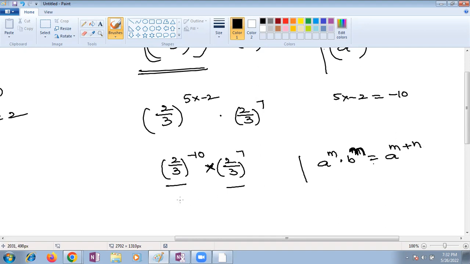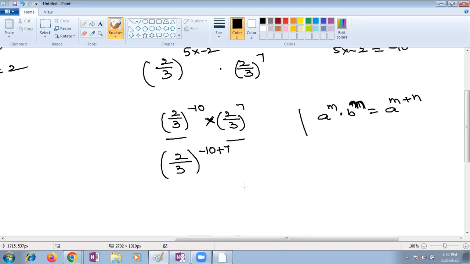The bases are same, right? 2 by 3, 2 by 3. Minus 10 plus 7. Very important, children. Bases are same.